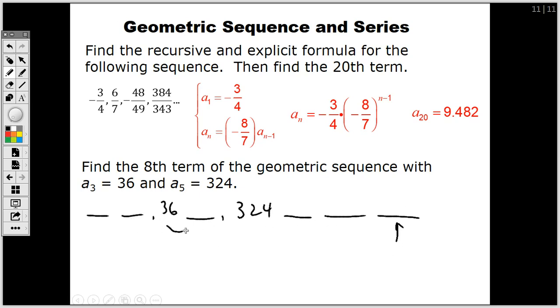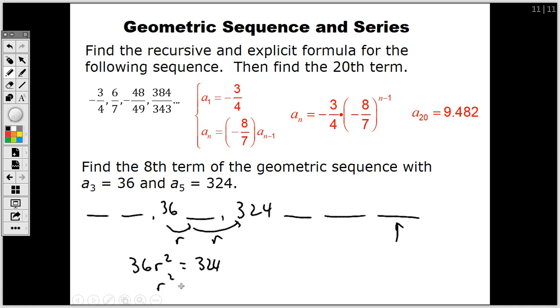The idea here is that I'm multiplying by the ratio, and then I'm multiplying by the ratio again. So I know that 36 times r twice, regardless of how many, this is how many r's it took to get there, equals 324. Then I'm going to divide by 36 on both sides. 324 divided by 36 is 9.